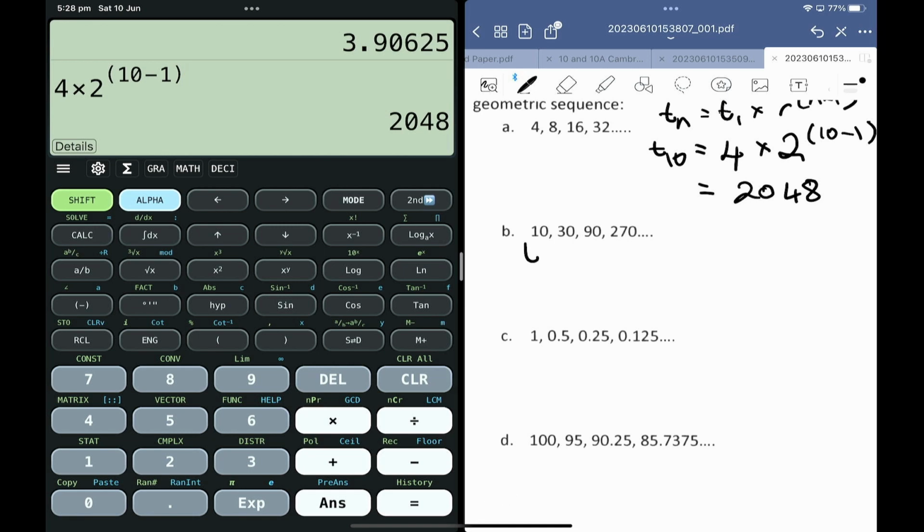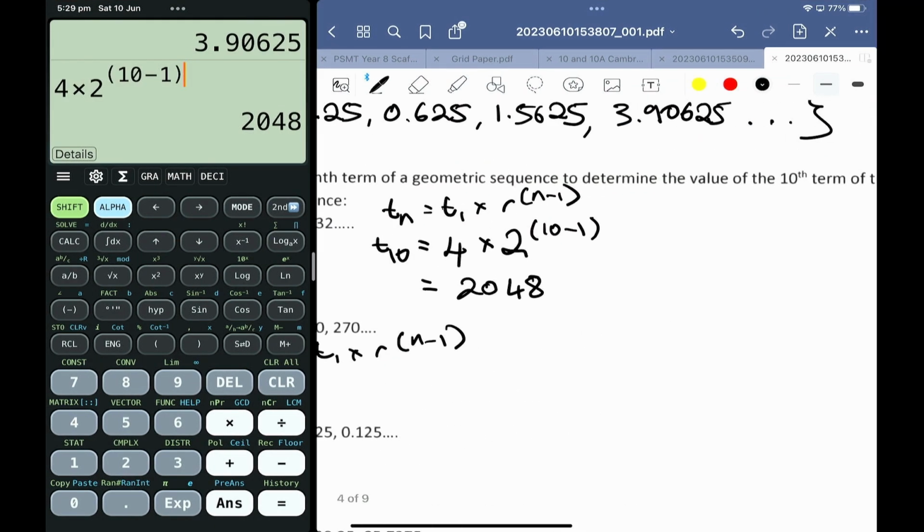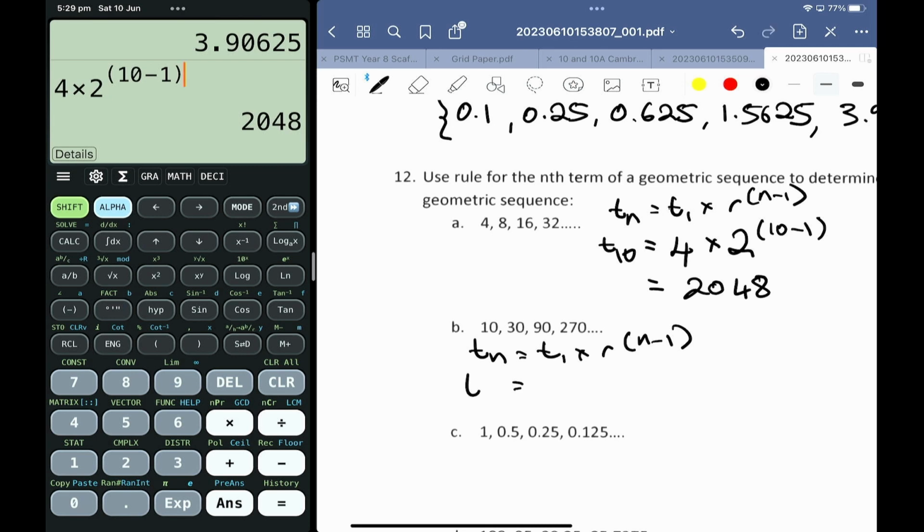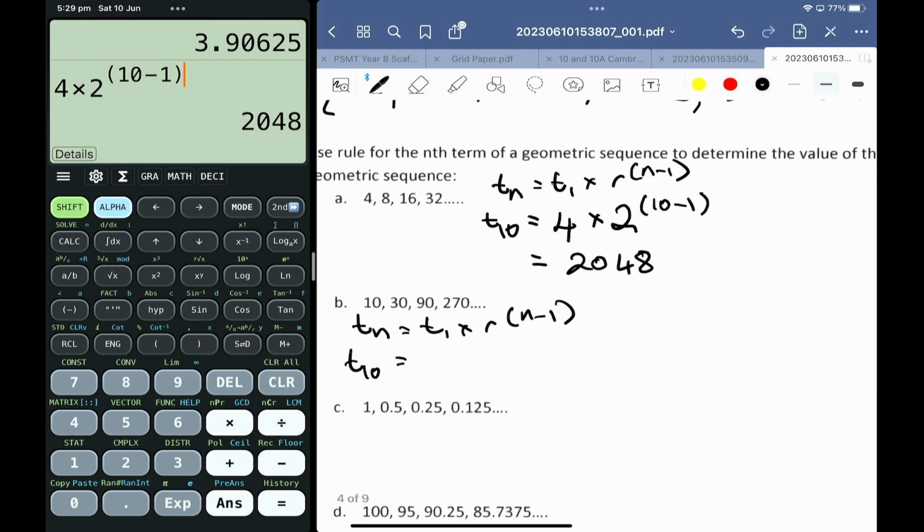All right, next one. Start with the same formula, geometric sequence. The Tn, well, n is 10 again because we're still looking for the 10th term in the sequence. T10, the first term is 10. The ratio, well, seems to have tripled. It's gone up by 3 times, then 30 has been tripled to 90, and then 90 has been tripled to 270.